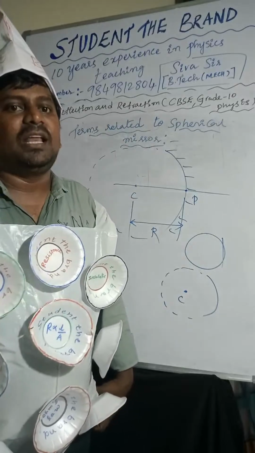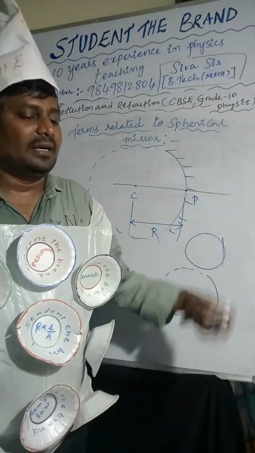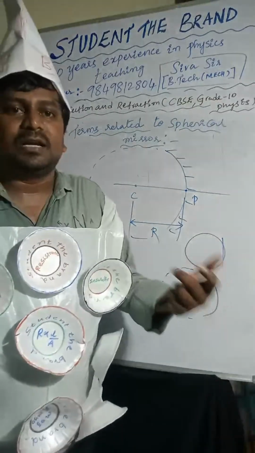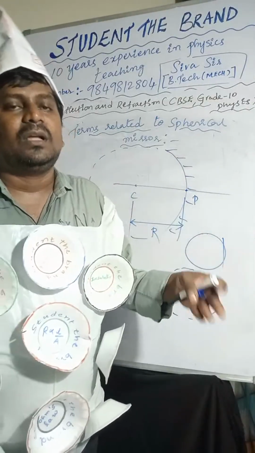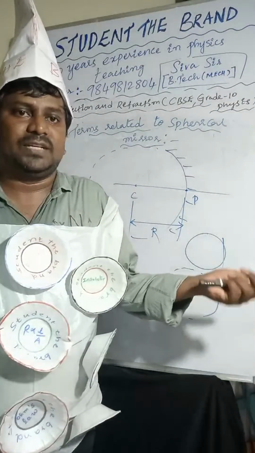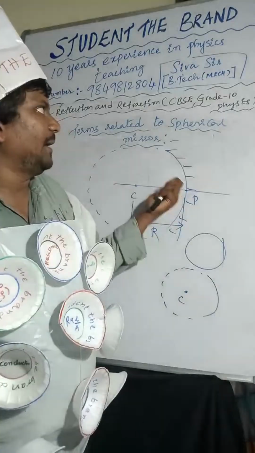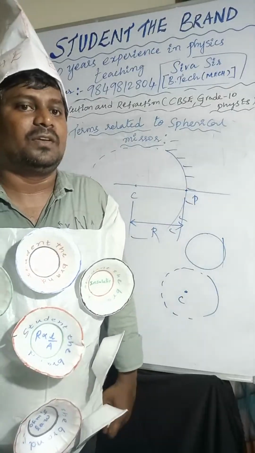This class will be helpful for class 12 students also, so you can join and attend the class. Class 11 timing is fixed at 6 p.m. evening, class 10 this time is 9 p.m., and class 12 I will let you know. We will see.